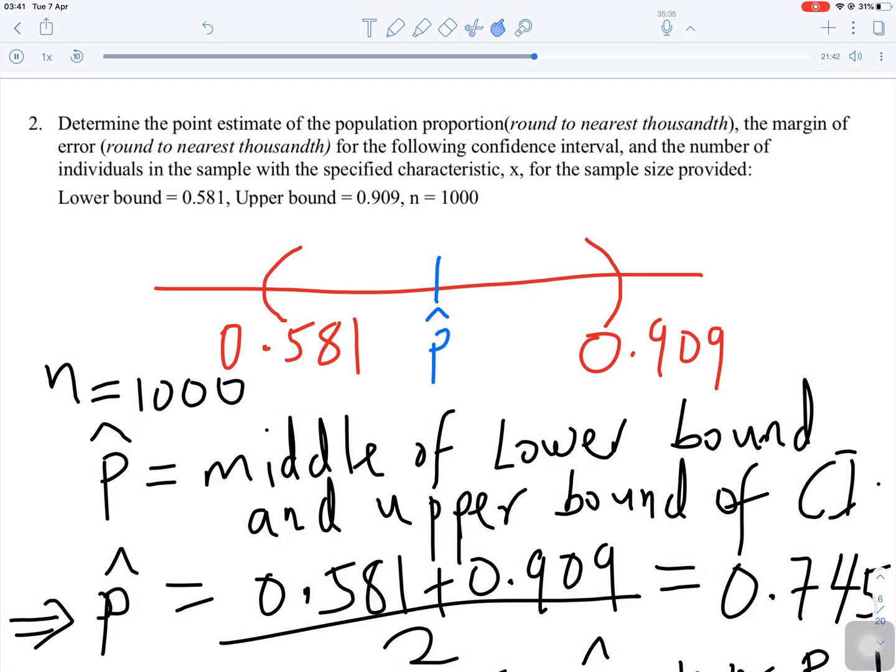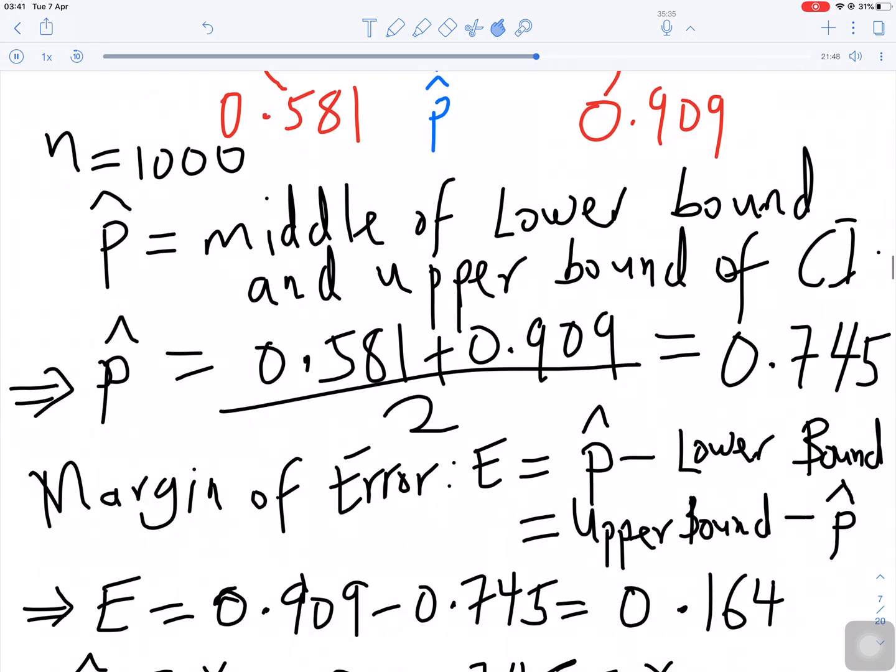So that is 0.581 plus 0.909 divided by 2. So our P cap gives us 0.745. Then the next question, our margin of error. Now remember, the margin of error is that value or that distance from the P cap to the upper bound or from the P cap to the lower bound.